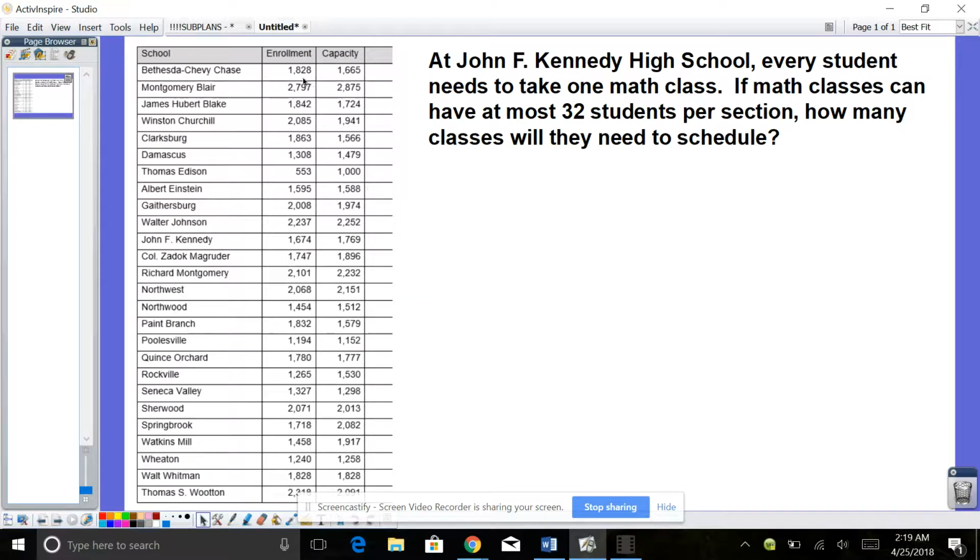So you can see right away that the school Bethesda Chevy Chase has 1,828 students, but the building is only supposed to hold 1,665. Now, normally you want fewer students and more space, but sometimes you end up with more students needing to go to school than you have space for.